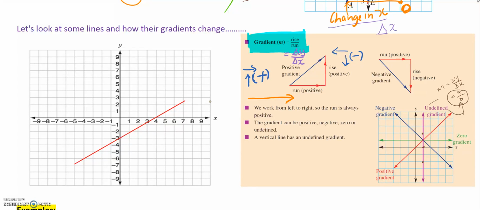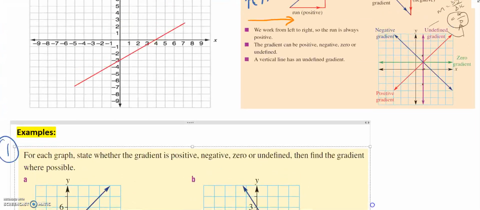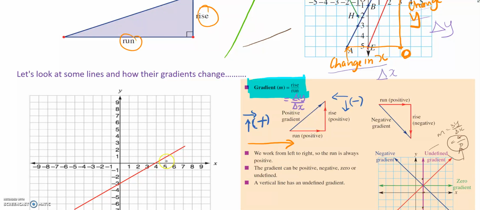Which ones have you picked? You've picked 5, 1 as one of them? Yeah, I would have picked that too. It's easy, so that point over there is 5, 1. What's your other point? Did you put 0, -3? Awesome. That's what I did too.